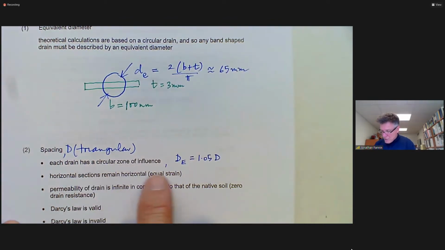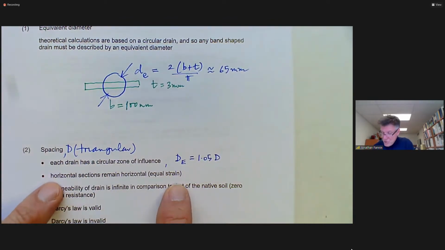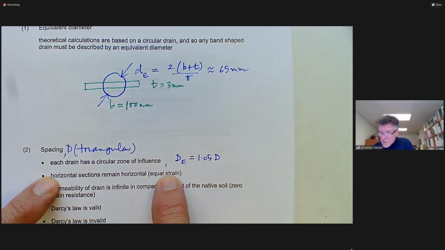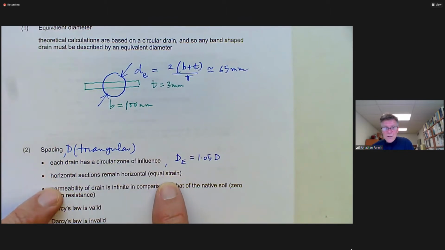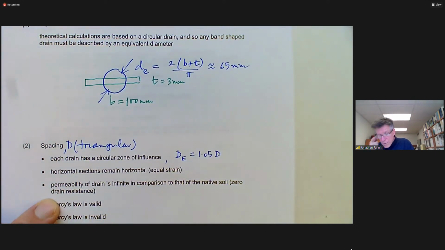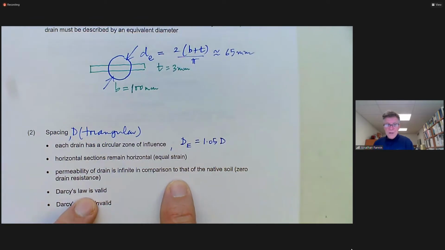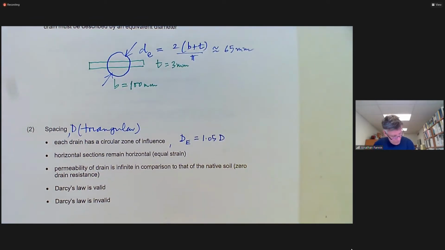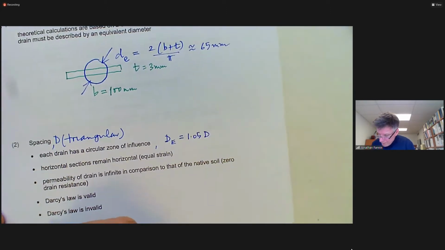In our analysis, our derivation of an expression, we're going to make a number of assumptions regarding volumetric deformations and excess pore pressures and underlying assumptions of permeability and Darcy's law being valid, notwithstanding these being relatively low permeability soils. I can add one here.